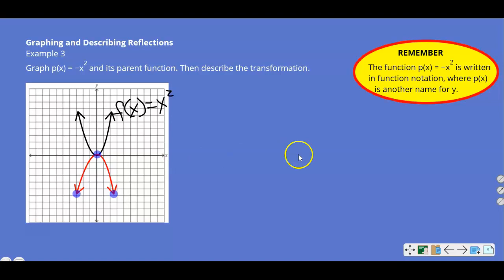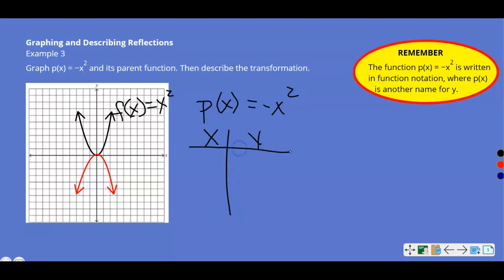Now how do you graph this if you don't know that that's what it is? How would you graph this function here? Well, remember, you can always choose x values and plug them in to find your y values. And y equals p of x in this case. So if I choose negative 1, 0, and 1, and I plug those numbers into this function, negative 1 squared is 1, and then that would be a negative here.